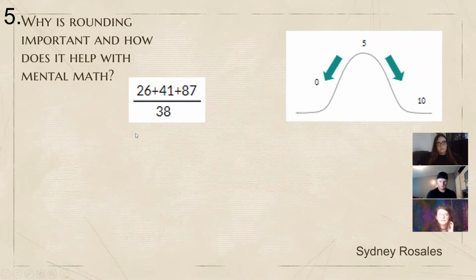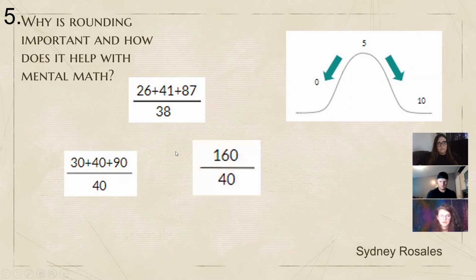Okay, and then once we have those numbers, we can just plug those back in and actually do the equation. And so we do 30 plus 40 plus 90 is 160 divided by 40. And that's just basic math. And that just comes down to 4. And really, you can just knock off those zeros and just do 16 divided by 4 if you want.